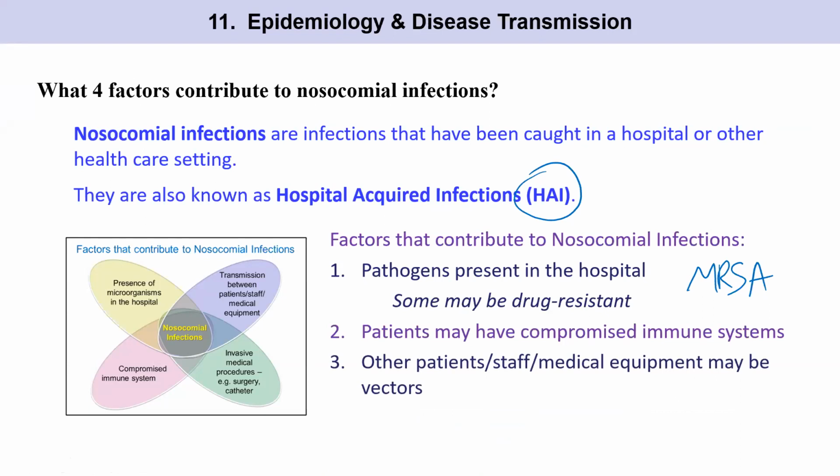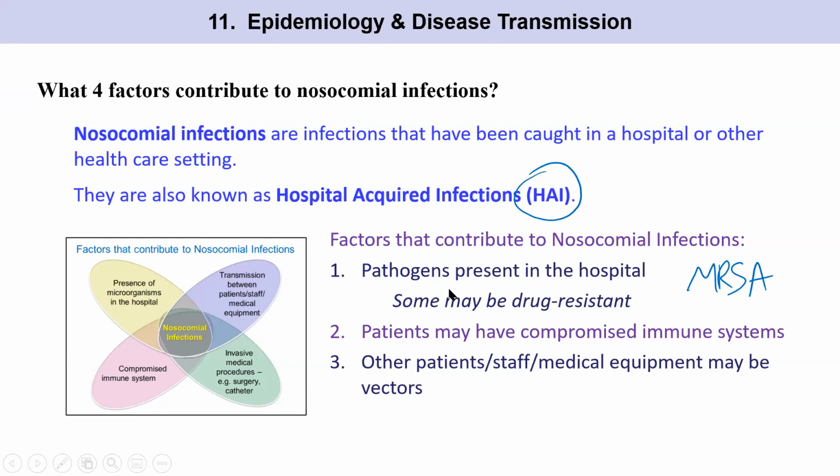Third, other patients, staff, and medical equipment. There are lots of studies on this, and it's really hard to say who the biggest perpetrators are. It's difficult to control visitors, for example, and get everyone to wash their hands. Different hospitals have different success rates.